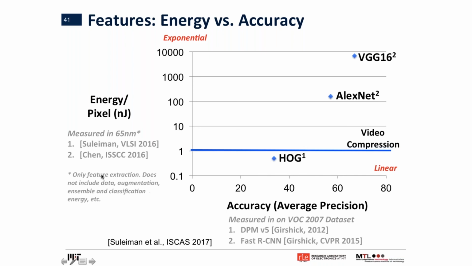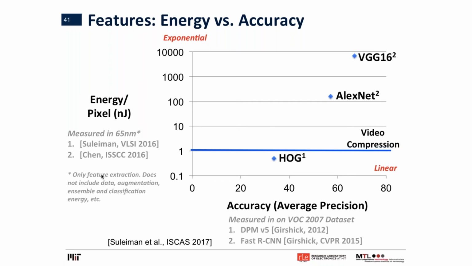So if we take a step back, if we're trying to develop a system, we really should be asking ourselves, is this energy versus accuracy trade-off something that is attractive to someone who might want to use the system? Is someone really willing to have their battery run out 10 times or 10,000 times faster just to have a slight increase in accuracy?